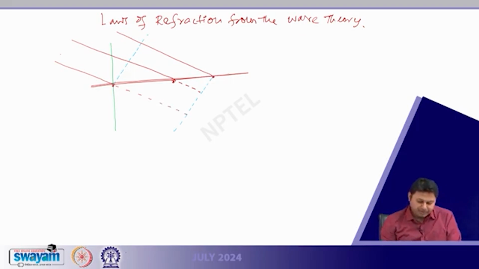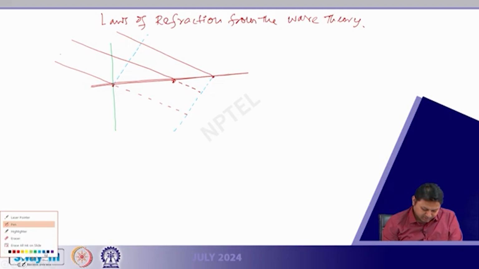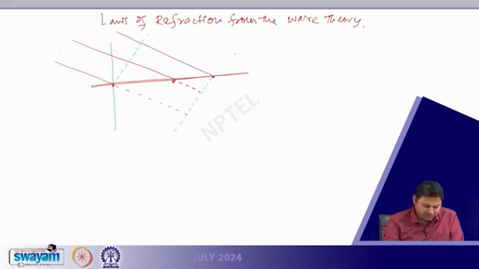Here, this point, but the refractive index in the upper and lower region is not the same. So, here the velocity of the light, say v1, and the refractive index is n1. In this region the velocity is v2 and the refractive index is n2. Since there is a change in the refractive index and velocity, the light will move in a different direction, and suppose it goes in this direction after refraction.